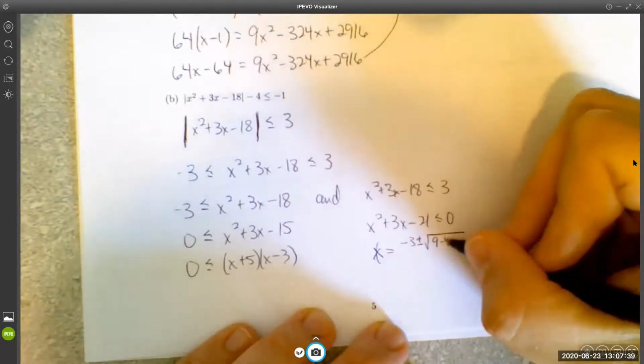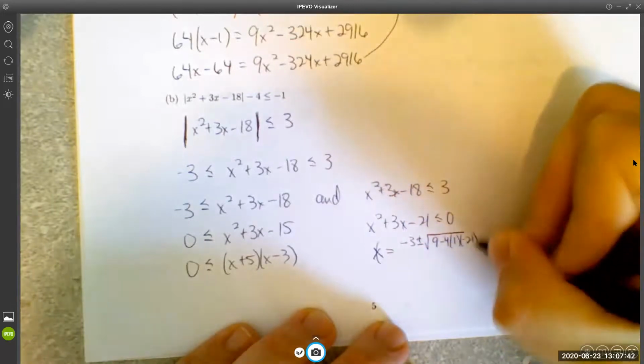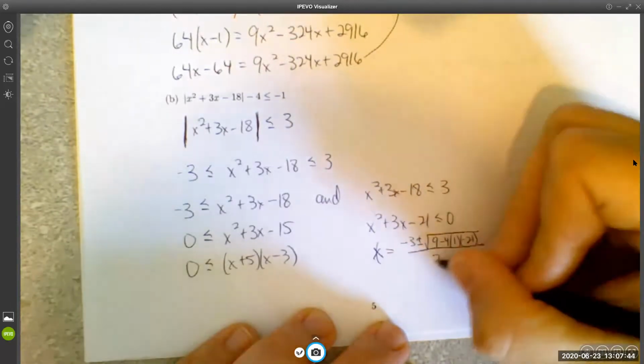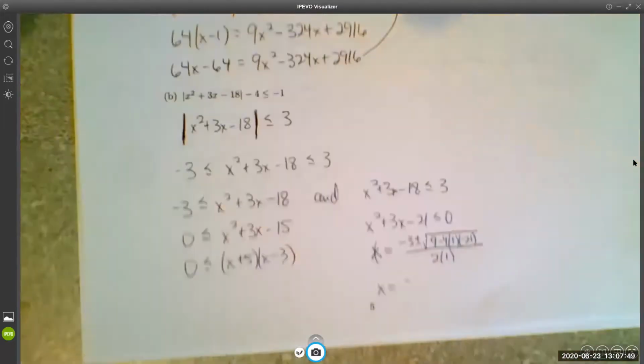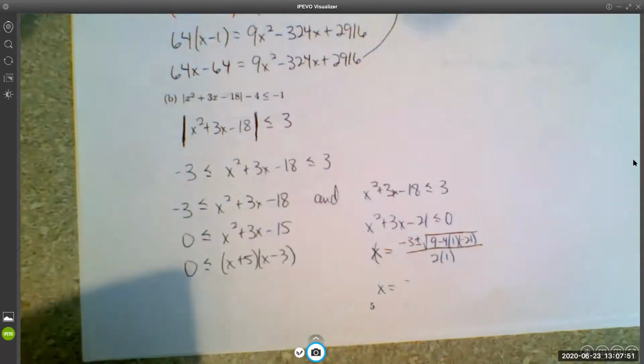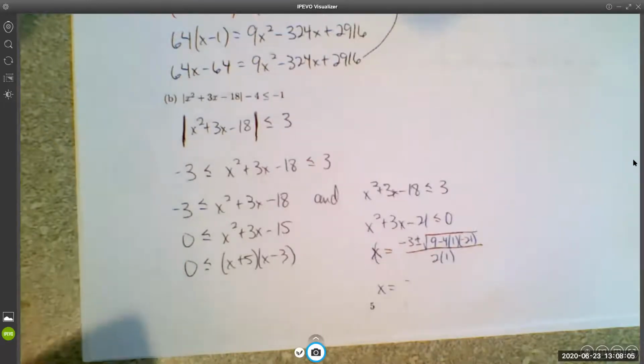B squared minus 4 times A times C over 2A. Let me just pop that into my calculator and see what we get. So negative 3 plus the square root of 9 minus 4 times negative 21, and that whole thing needs to be divided by 2. Yeah, that's nasty.